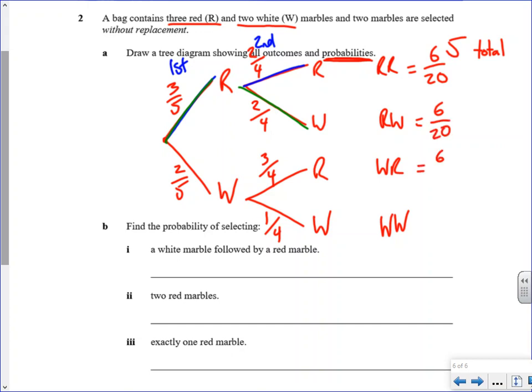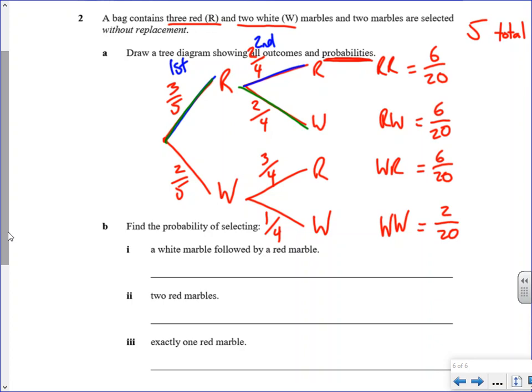This is also 6 over 20. This is 2 over 20. So now we have all our outcomes, red red, red white, white red, white white, and each of their probabilities.